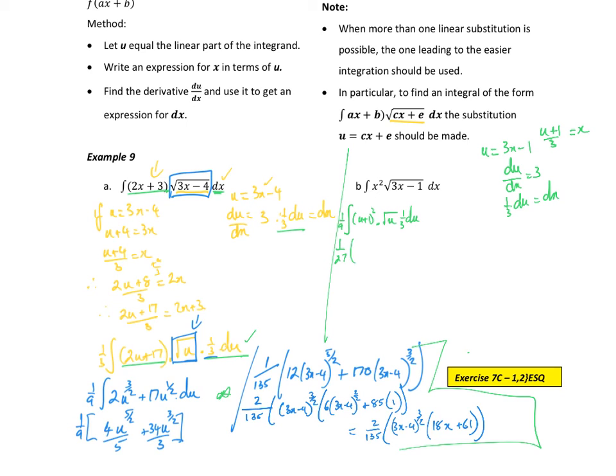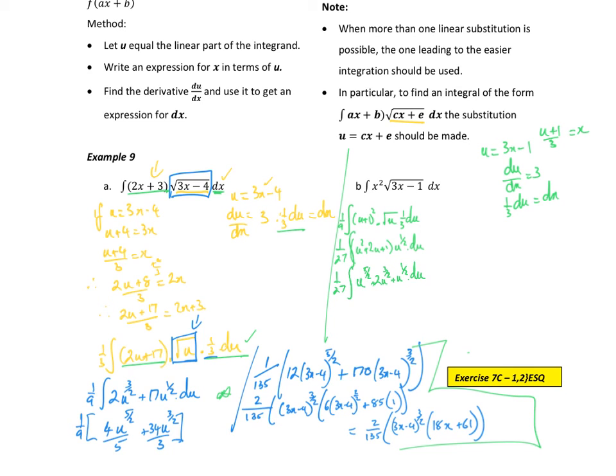I'm going to expand this, u squared plus 2u plus 1 times u to the half du. Let's get an integral in there. So I get 1 on 27, u to the 5 on 2 plus 2u to the 3 on 2 plus u to the half.